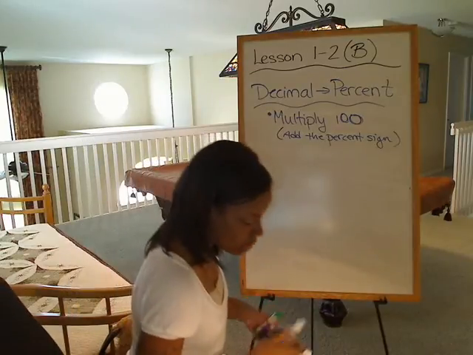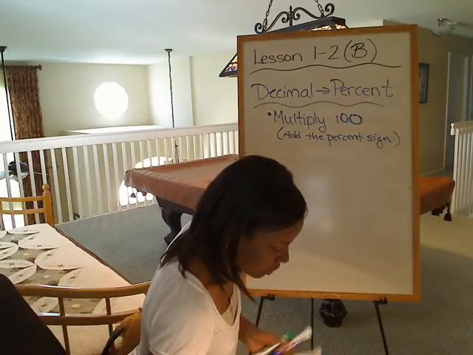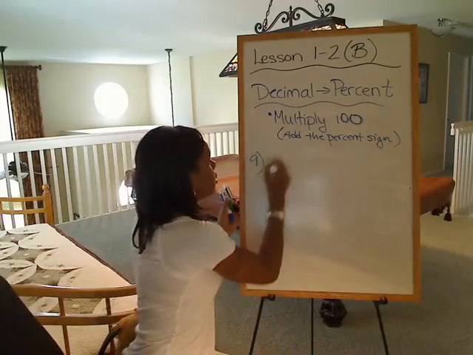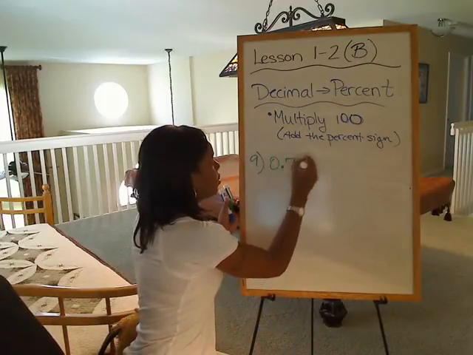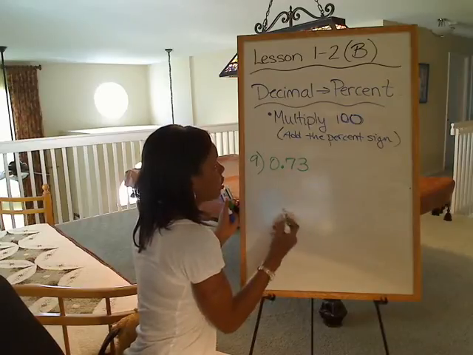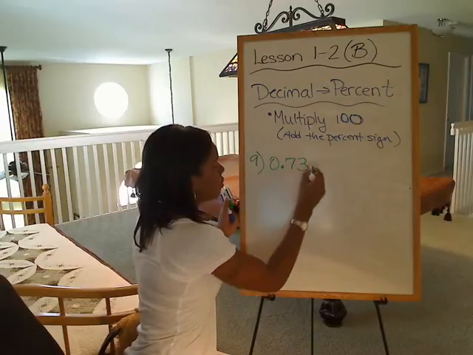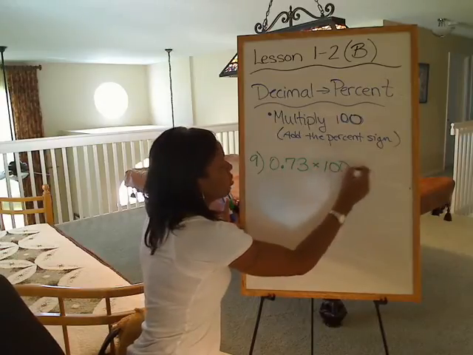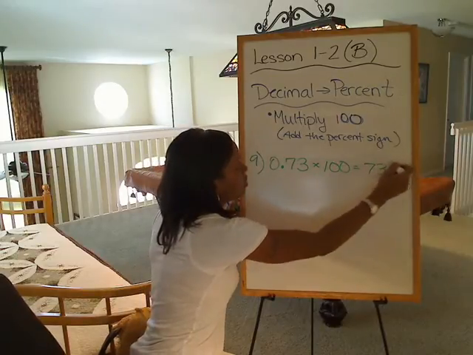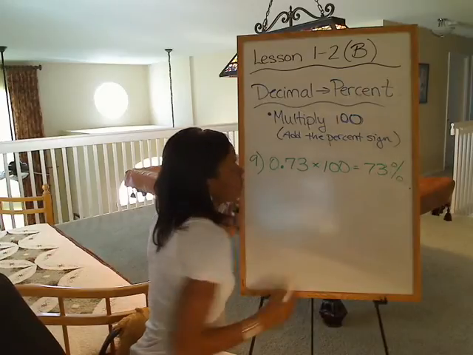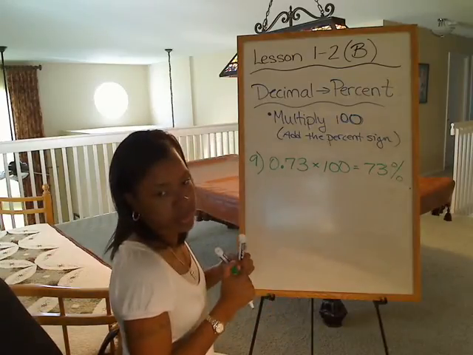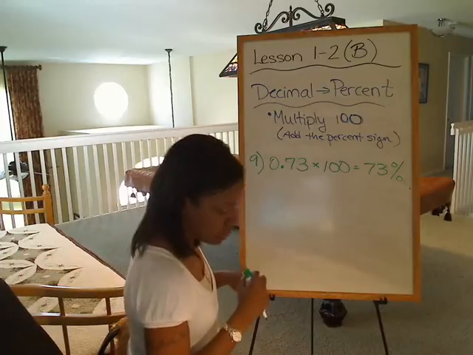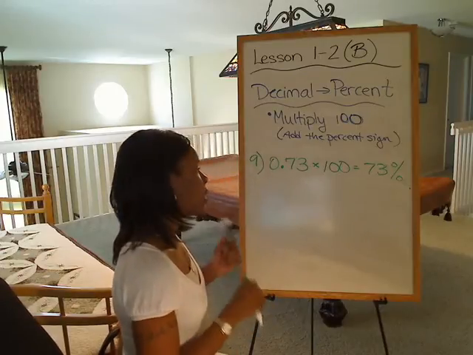Okay? So I'm going to start off by doing number 9. 0.73, change it to a percent, we're going to multiply 0.73 times 100, which gives us 73%. Okay? 73%. And I probably shouldn't write it like that.